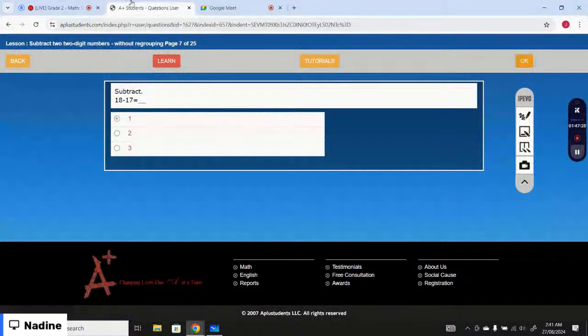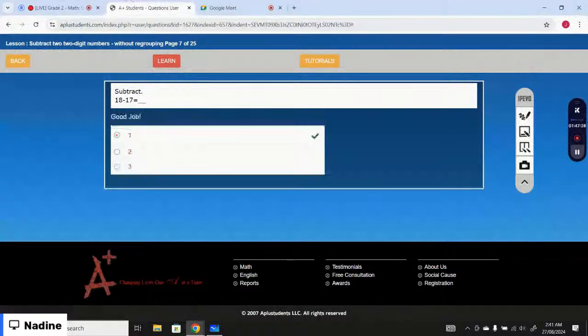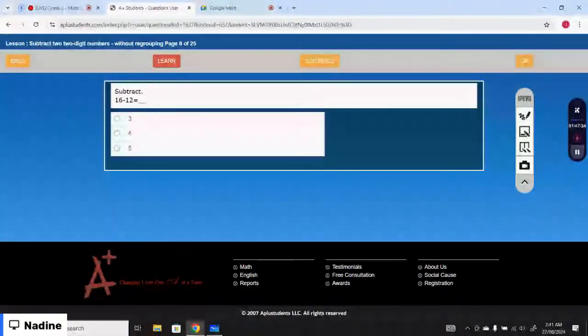It is option number 1 is the correct option. The next one is 16 take away 12. So, which is the correct option? Yes, that is 4. Okay, you can complete the lesson by yourself later today.